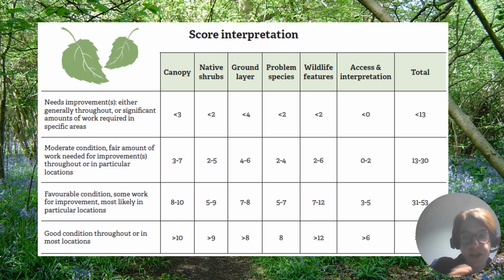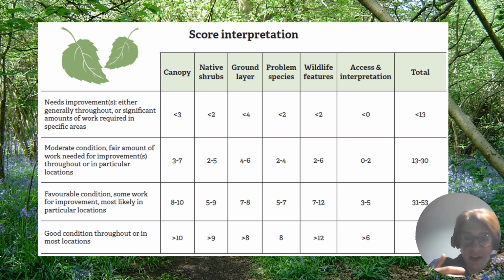Then once you have your scores for each category and even the total one if you want, you can use this table as a way of knowing where you are. So if you get minus 13 as a total score, for instance, your woodland needs a serious improvement. Between minus 13 and 30, it needs improvement, but not as much as before.